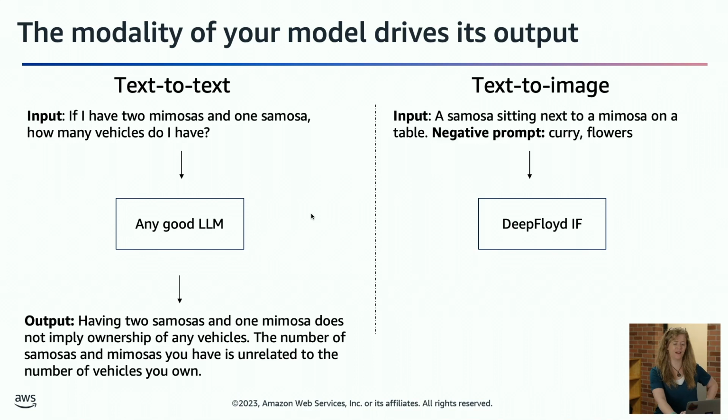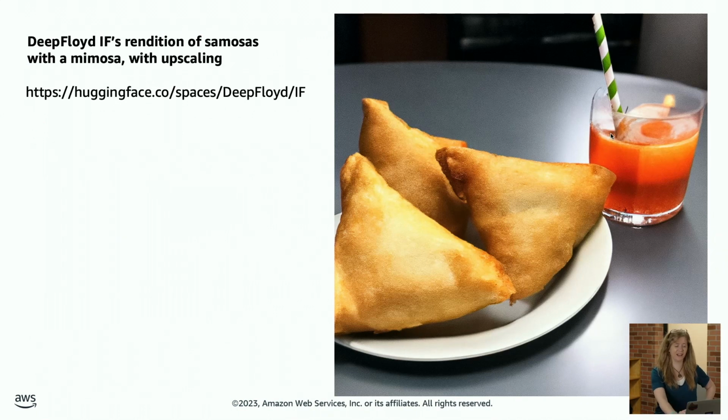And then for my text to image, I'm going to give it an input, and maybe my input is a samosa sitting next to a mimosa on a table. And then I'll give it my negative prompts, which is, say, some curry for fun, and then some flowers. And so this is what I got. So Deep Floyd, which is another foundation model I was working with from Hugging Face.